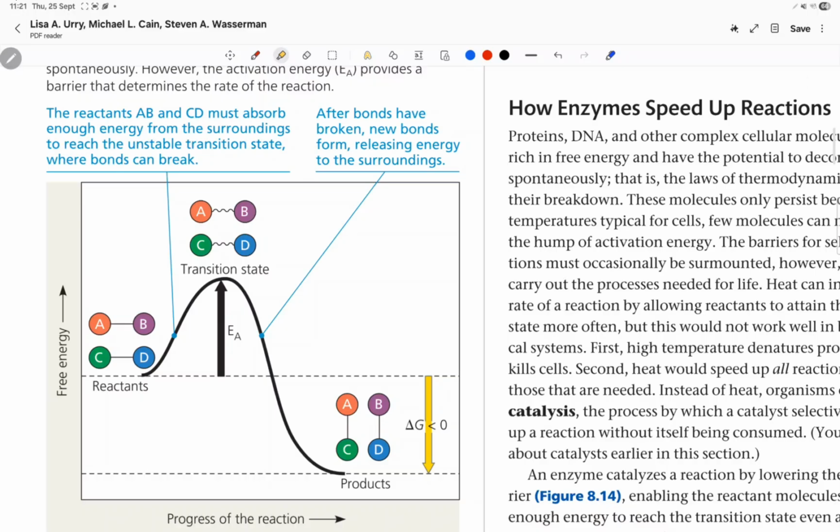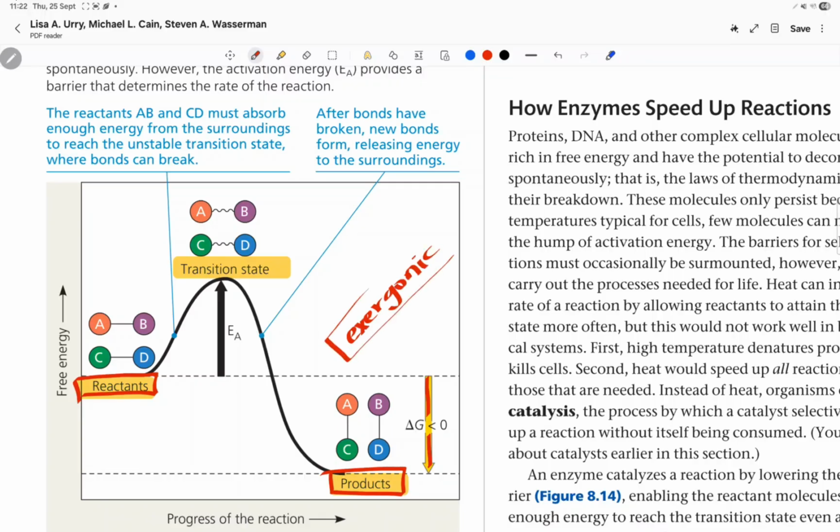So here we go. To go from reactants to products, you must first elevate energy-wise to a transition state, which is like a thing between reactants and products. Whenever the products are at a lower energy than the reactants, that's when delta G is negative and the reaction is exergonic.